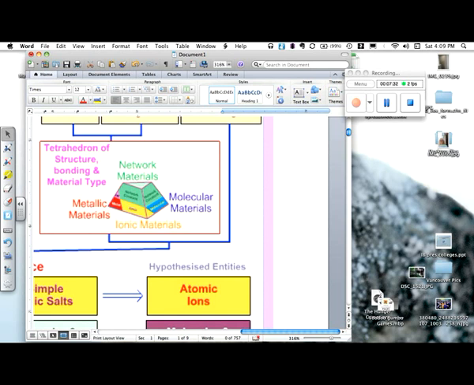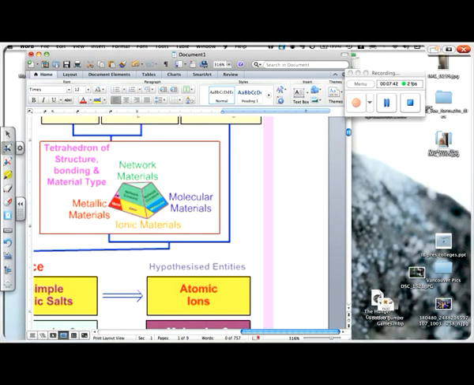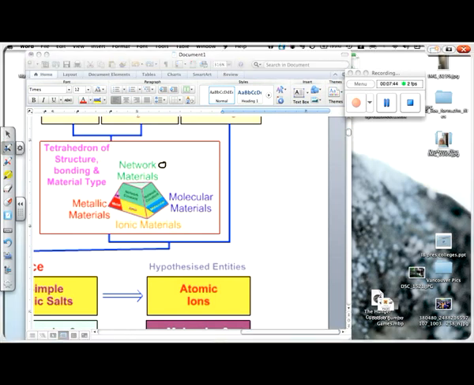So it's ionic materials, which are made up of the ionic bond, molecular materials, which are made up of molecules. Network materials are something we have not talked about. Those are things like quartz and diamond, those kinds of things. Metallic materials are made up of the metallic bond. We talked about that briefly.